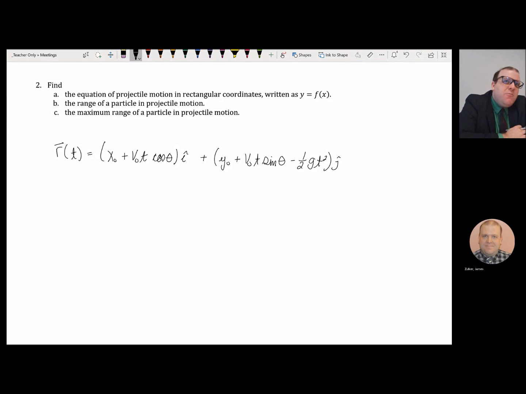Now, typically when we look at projectile motion, we set the launch as the origin. That would make the equation this.